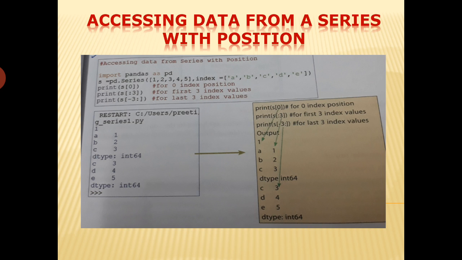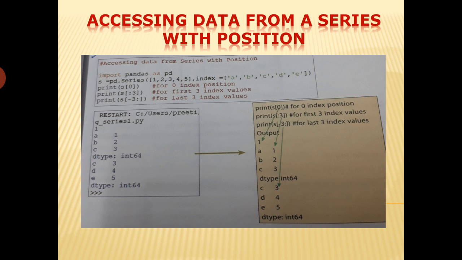Students, access data from a series with position. We can also access data from a series by passing a value and even through slicing. Using a series, we can access any position value through the index by passing the corresponding number to retrieve values.